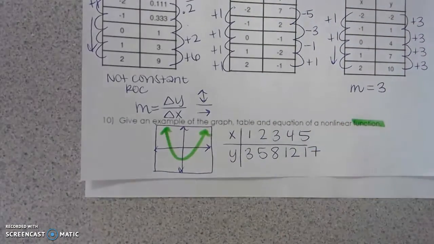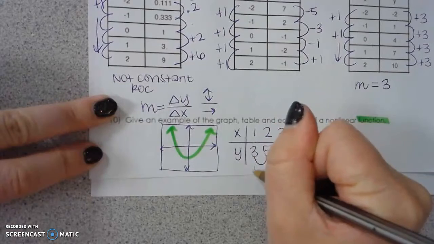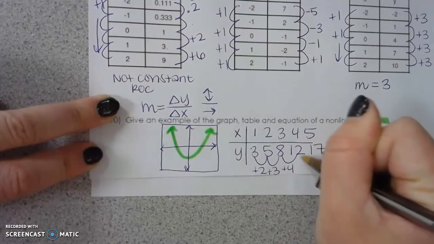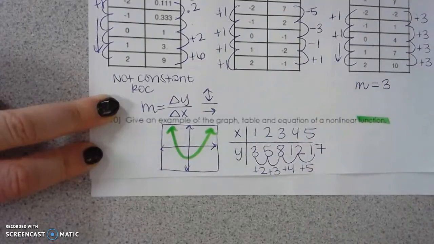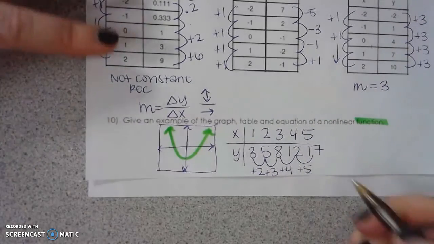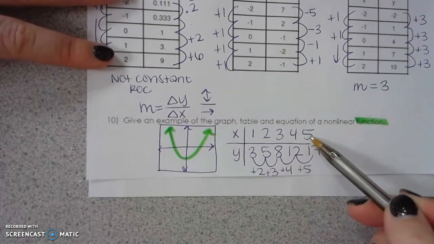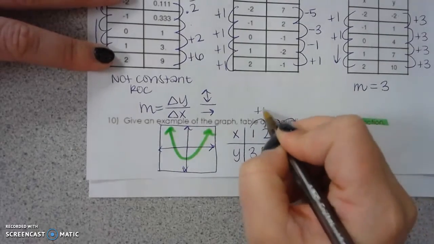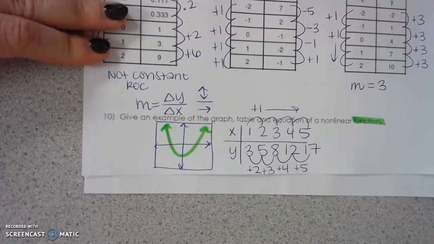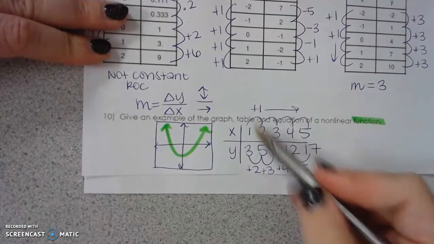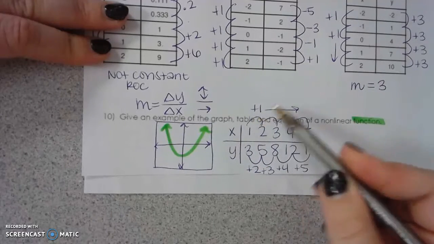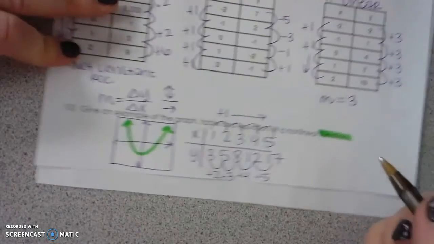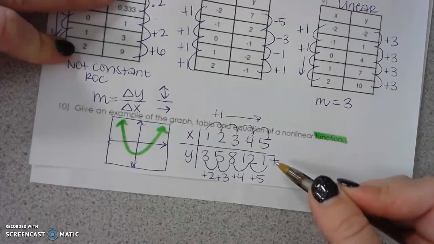Okay, so here I'm going up plus 2, plus 3, plus 4, plus 5, which is okay. This would just have to be proportional to it, and it's not. The x is going up 1 every single time. So my slope between these points is 2 over 1, y over x. This is 3 over 1, this is 4 over 1, this is 5 over 1. So this line is just getting steeper and steeper and steeper.